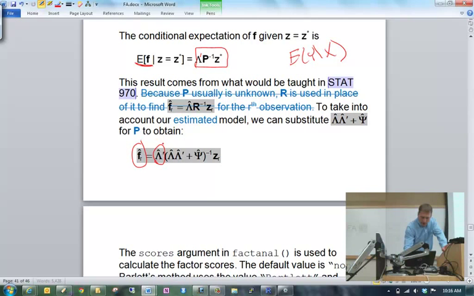Actually, that should be a prime up there. I put an estimate for gamma in there. Here's my Z, essentially. And then because my factor analysis model has a particular representation for P, I can put in its corresponding estimate that we saw before when we were dealing with residuals. And that would be my factor score using this particular method.